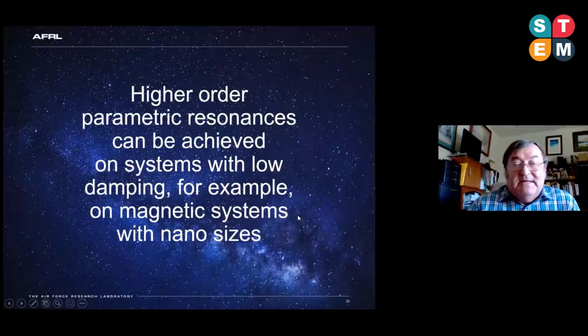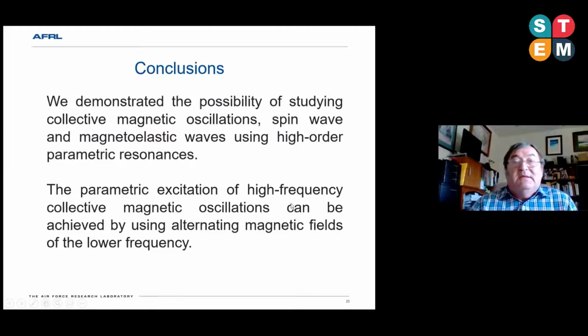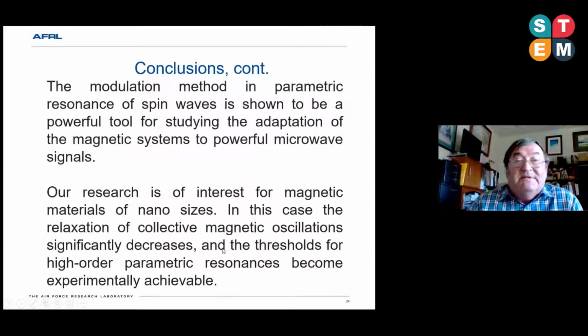with nano sizes. And conclusions: we demonstrated the possibility of studying collective magnetic excitations, spin waves, and magnetoelastic waves, using higher order parametric resonances. The parametric excitation of high frequency collective magnetic oscillations can be achieved by using alternating magnetic fields of lower frequency.